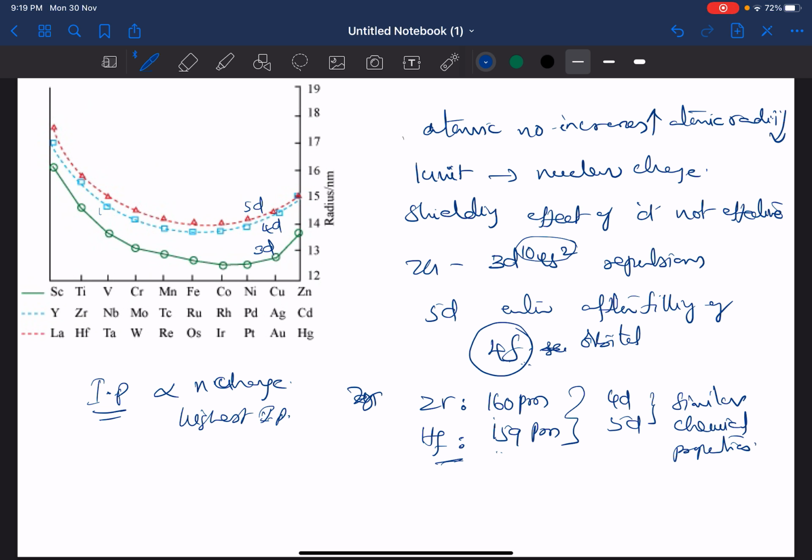Ionization enthalpy increases from left to right, that means scandium to zinc, yttrium to cadmium, and lanthanum to mercury.